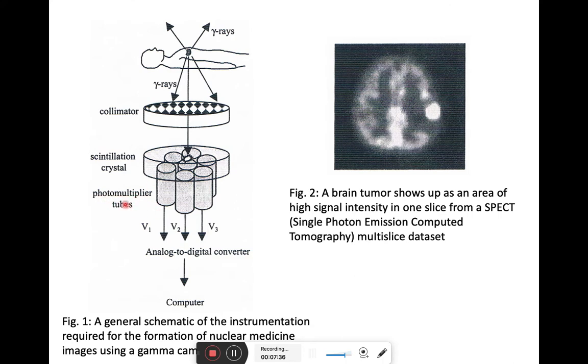The photomultiplier tubes act as the detectors, and because we have several tubes or detectors here, we will have several analog outputs that need to be converted to digital before they can be processed by the computer. So the end result will be the image, multi-slice images like this.